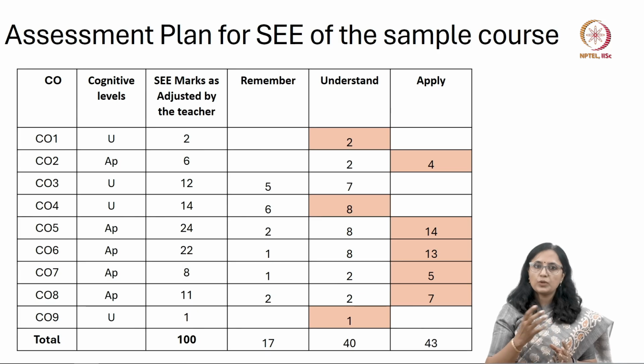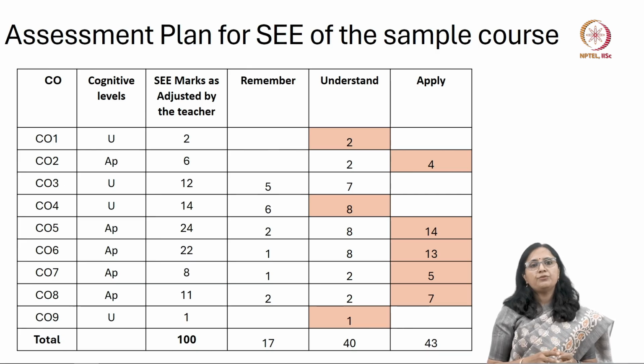So the questions that you are designing for CO5, 14 marks worth, should be from the apply cognitive level. Probably another 8 marks can be from understand and another 2 marks from remember. So if you total it all, it is 24.